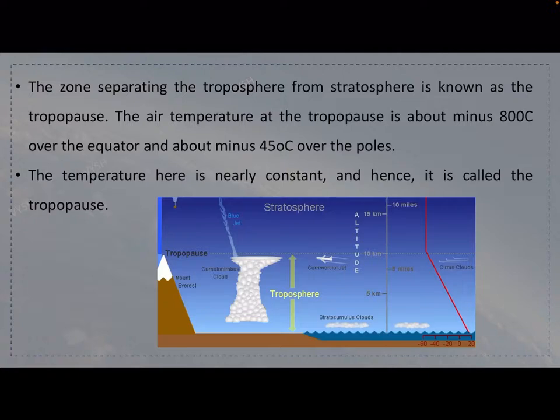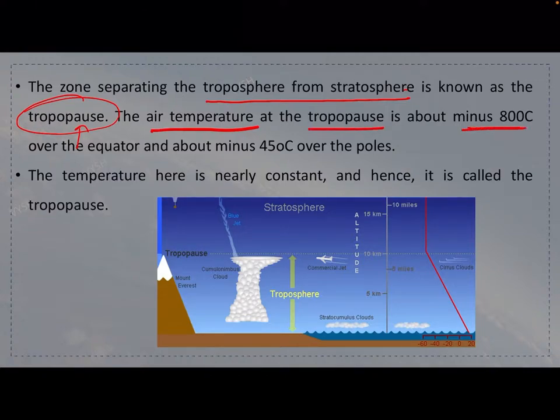The zone separating the troposphere from the stratosphere is known as the tropopause. Between the stratosphere and the troposphere is the tropopause. The air temperature at the tropopause is about minus 80 degrees Celsius over the equator, and about minus 45 degrees Celsius over the poles.